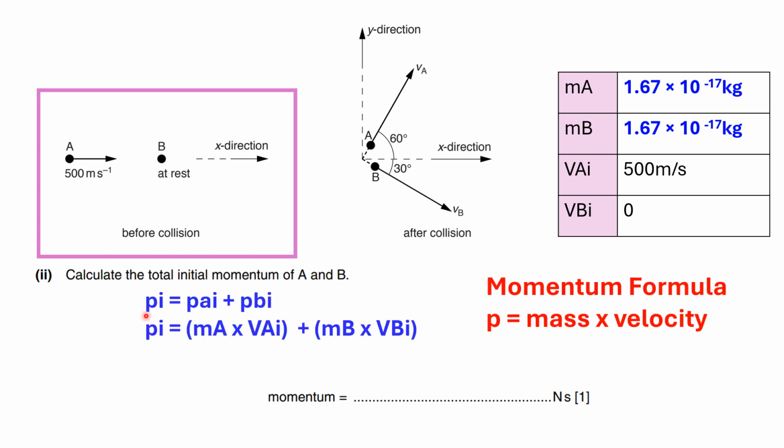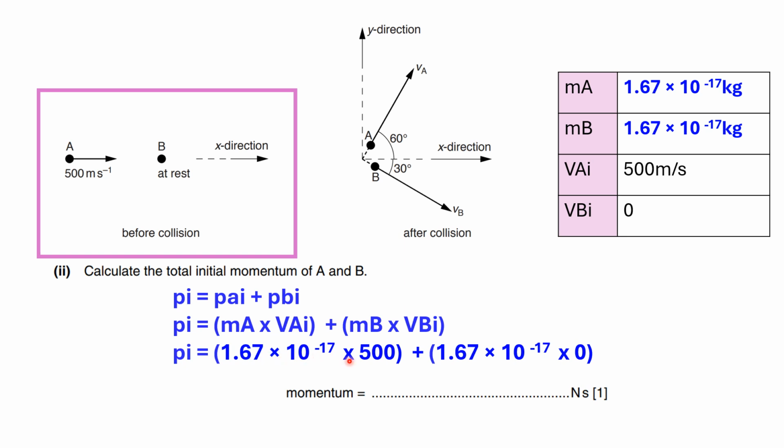The initial momentum, Pi, is equal to the sum of the initial momentum of particles A and B. In this first step, let's do formula substitutions, just using abbreviations. Then we can substitute the values from the data table.